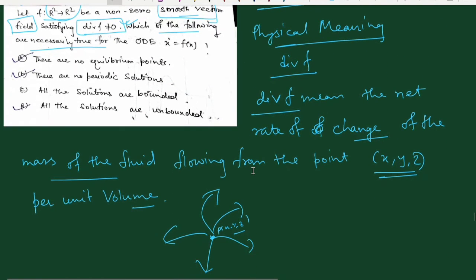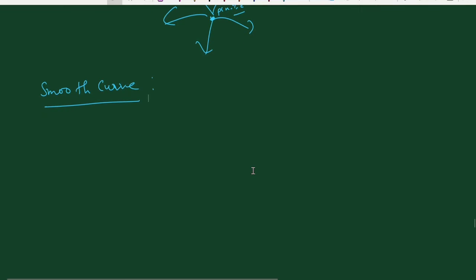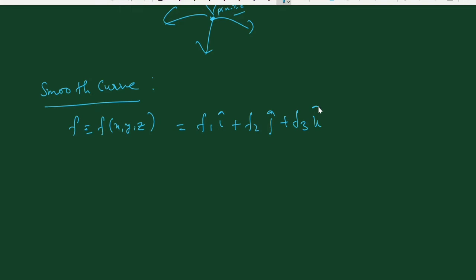Now it is given that, and we have to calculate how we calculate the divergence. So suppose in 3 dimensions f equal to f(x, y, z), that is f1 i cap plus f2 j cap plus f3 k cap.